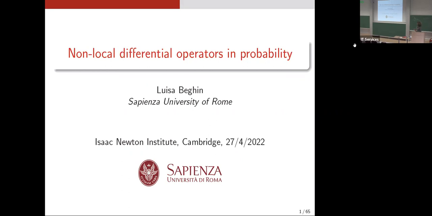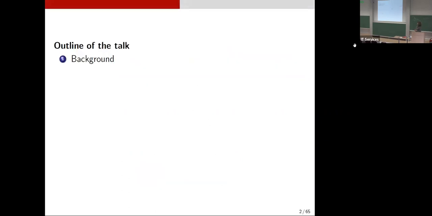So I will start with some background, some definitions, in particular on some stochastic processes, and of the differential equations that are linked to these stochastic processes. And I will start with non-stochastic differential equations, but ordinary differential equations.